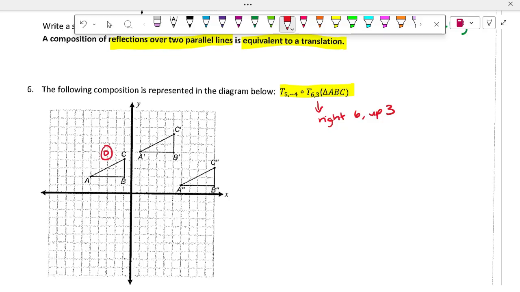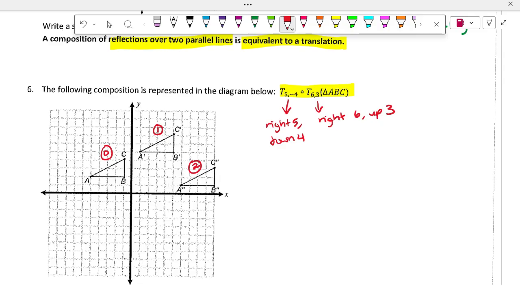Let's call that 0. That's ground 0 right there. So this is where they end up first. What do they do second? So right 5 and down 4. So they ended up here. Oh, why did I put 3? That's a 2.